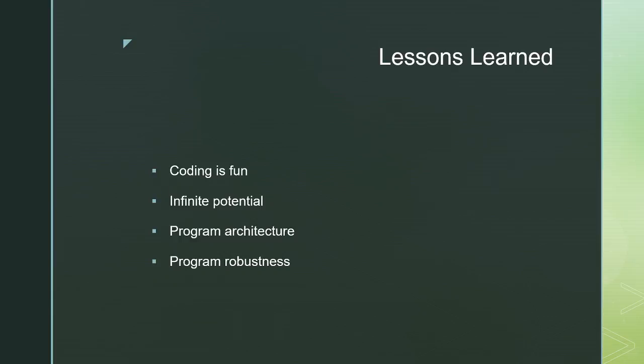I was reminded of the importance of program architecture and program robustness. Being forced to use MVC architecture so much made me realize that organizing my code well can make it much easier to edit the code and to diagnose errors.